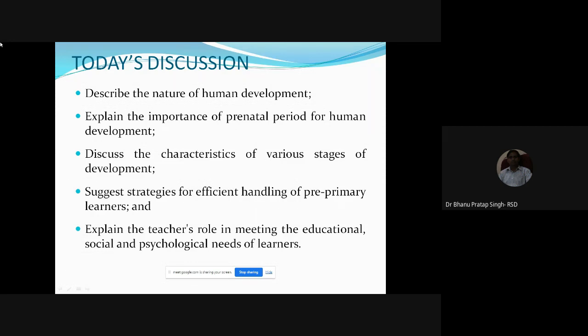There are 5 topics: nature of human development, the importance of the prenatal period for human development, characteristics of various stages of development, strategies for efficient handling of pre-primary learners, and the role of teachers in meeting the educational, social, and psychological needs of learners.